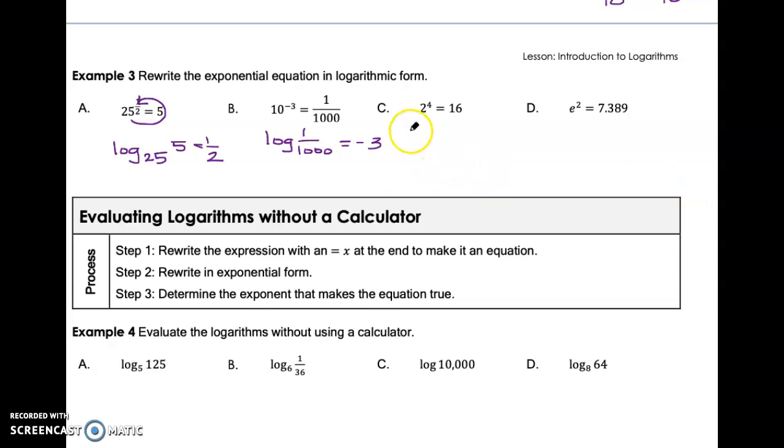For C, we have a log base 2, because that's the base of our exponent, of 16 is equal to 4. And then for D, we have a base e, which means we're using natural log, of 7.389 is equal to 2.